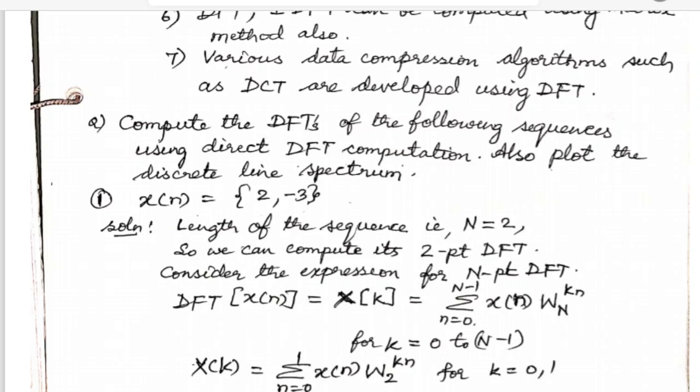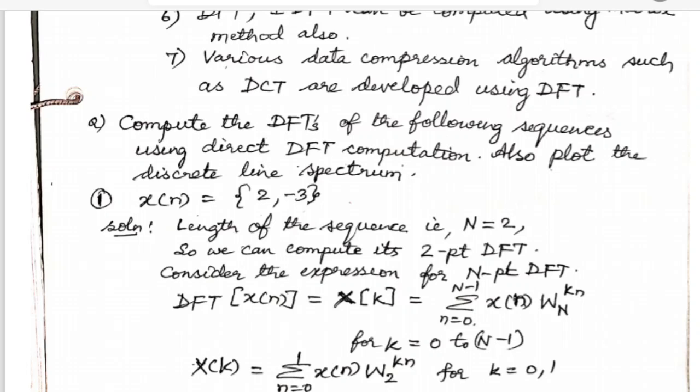So the range of this summation will be the length of the sequence. We calculate the DFT sequence for different values of k varying again from 0 to N minus 1. So the length of the DFT sequence is also equal to capital N.